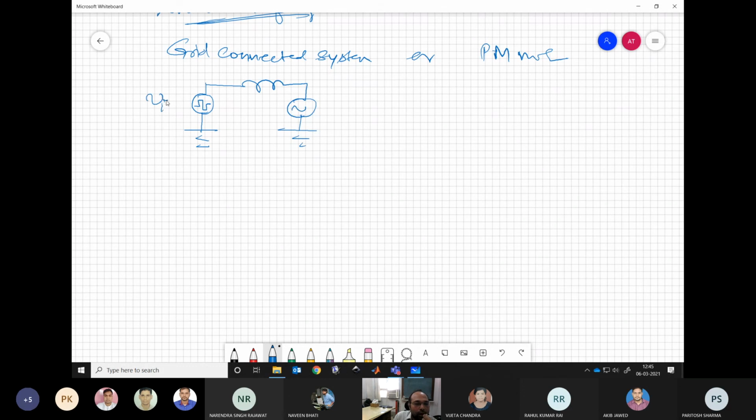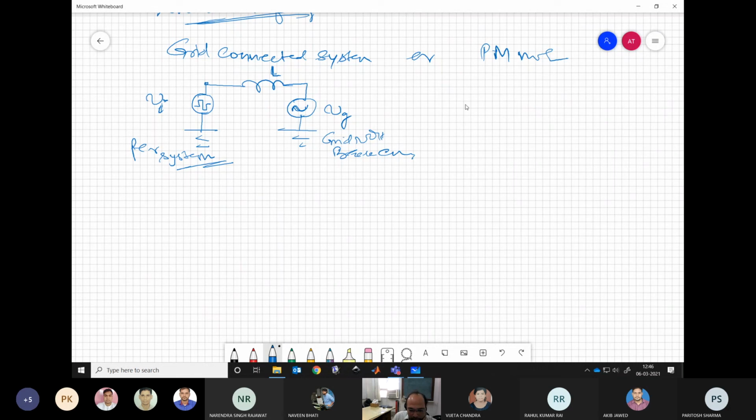So here this is what our inverter is generating, the VI, and this is our grid voltage or back EMF. So anything you can say. And this is the impedance. Let's say in case of grid connected, we have boost inductor. In case of PM, this is again leakage, or this could be another additional inductor in between. So this is what our per phase system looks like. The single line diagram of the three-phase system.